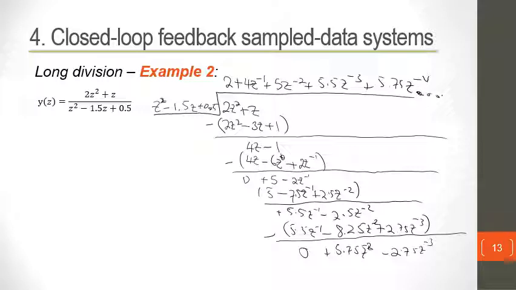We'll just stop here. Now this means that the first few samples we have y0, it's going to be 2, y1, it's going to be 4, y2, it's going to be 5, y3, it's going to be 5.5, y4, it's going to be 5.75.